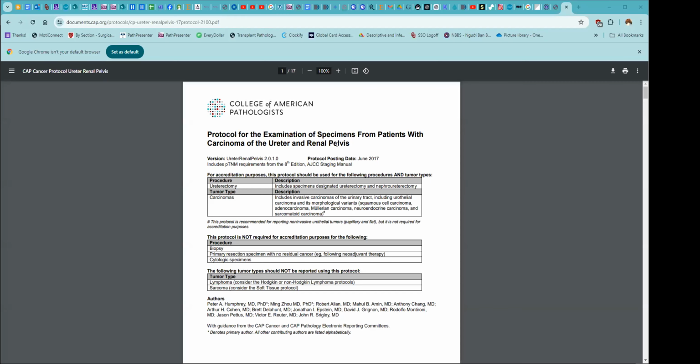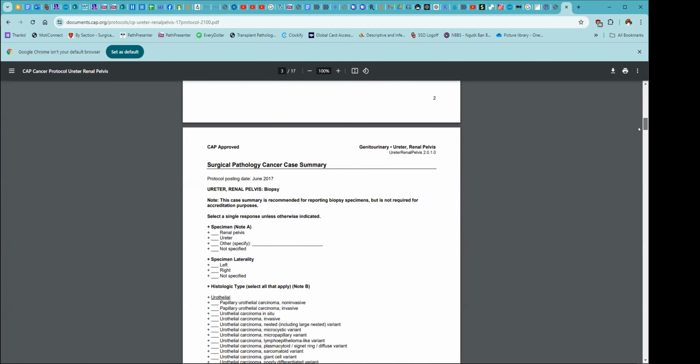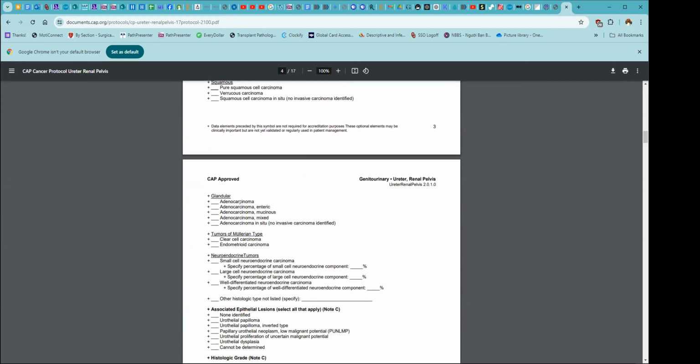So this is the CAP protocol for patients with ureter and renal pelvis. And as we look at histologic types, this is not a urothelial tumor. It's a glandular tumor.